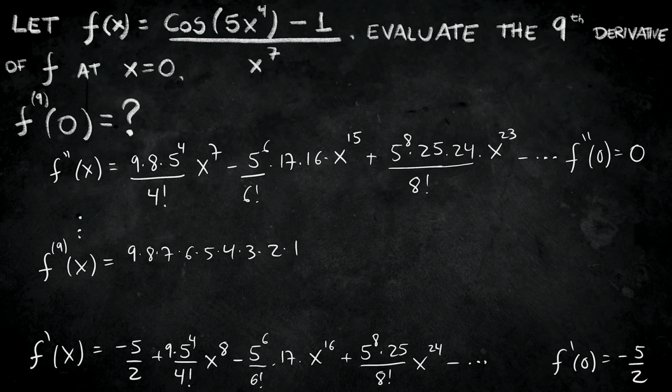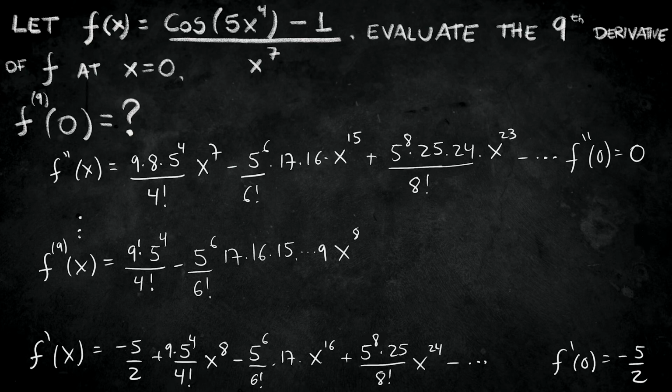And then I have all the other terms, but all of them are going to have x, and when you plug in 0, it doesn't matter. The only thing that matters is the coefficient in front of the power 9 at the beginning of my function f, and then I multiply by 9 factorial, because it comes from the 9 derivatives that you're taking.